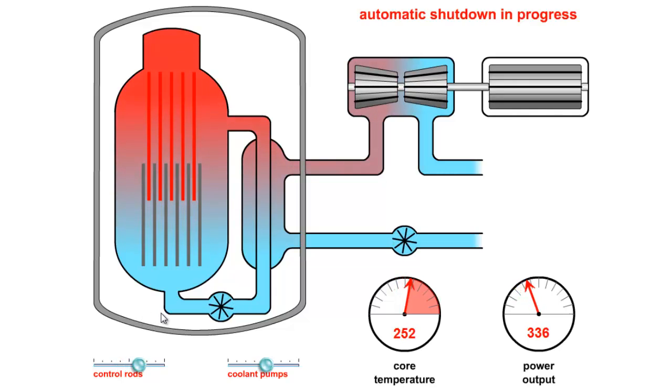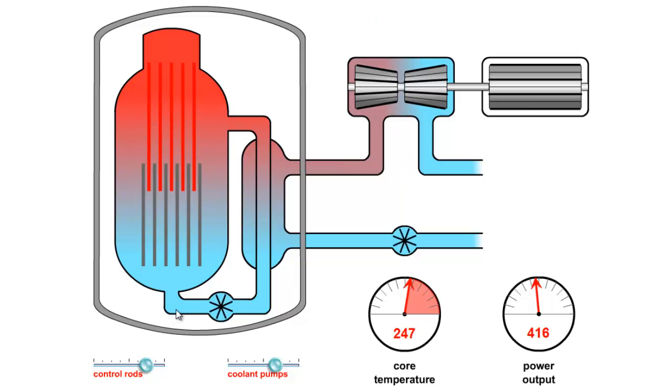However, if we move them out too much, it goes above the danger temperature, and we have basically a nuclear meltdown. The temperature gets so high, the walls of the reactor will melt, and we have a nuclear disaster on our hands.